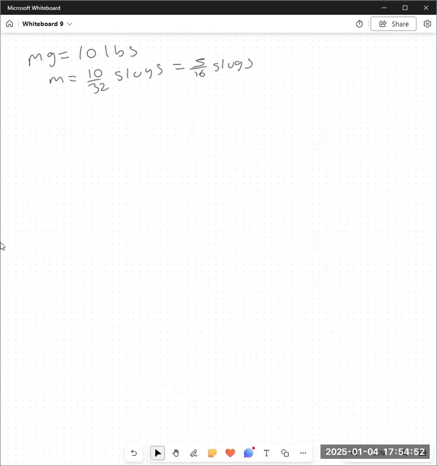Okay. It stretches a spring 2 feet, so S is 2 feet. Mg was 10, so 10 equals Ks. S is 2. So K is equal to 5, and that is pounds per foot.